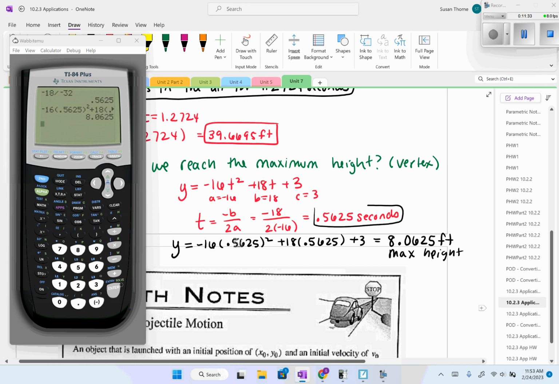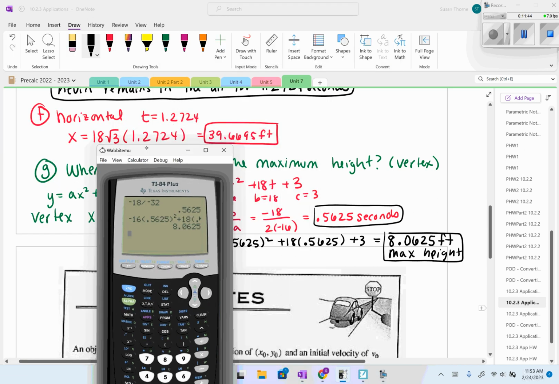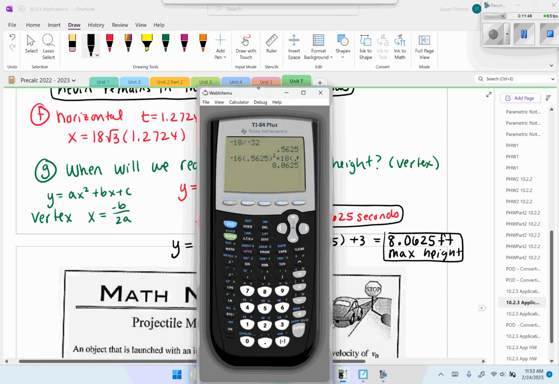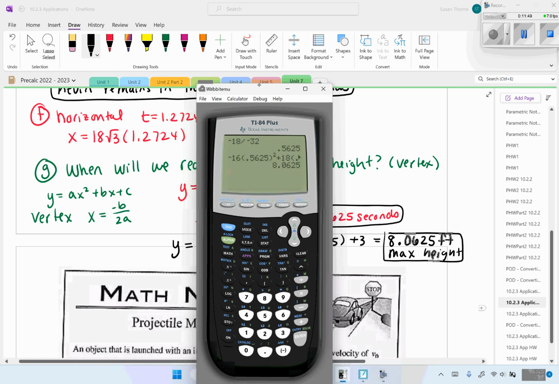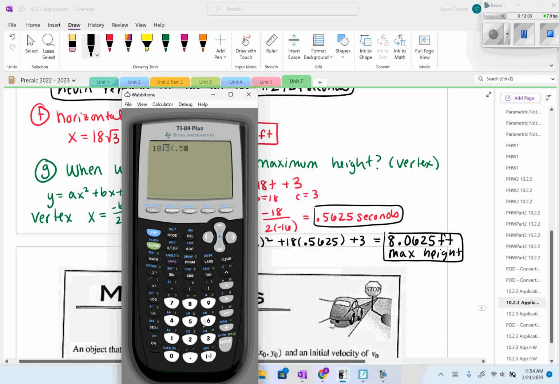And this is the time. So if we wanted to figure out the horizontal distance, we would then plug the time into the x equation. So if I plug that into the x equation, which we had right here, we would get 18 times the square root of 3 times that 0.5625, which gives us a horizontal distance of 17.537 feet.